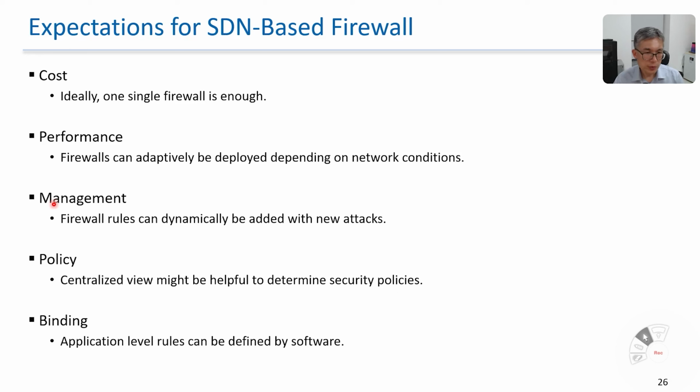Thirdly, from the management point of view, firewall rules can dynamically be added intelligently with new attacks. And finally, a centralized view might be helpful to determine security policies. Finally, binding: application-level rules for users or applications can be defined by software.